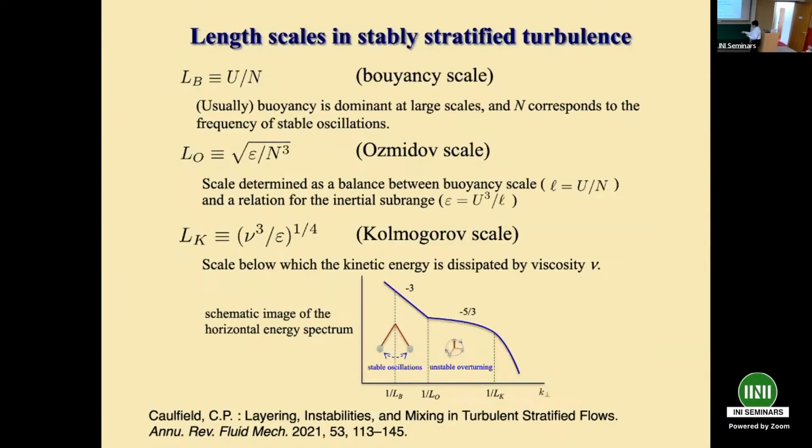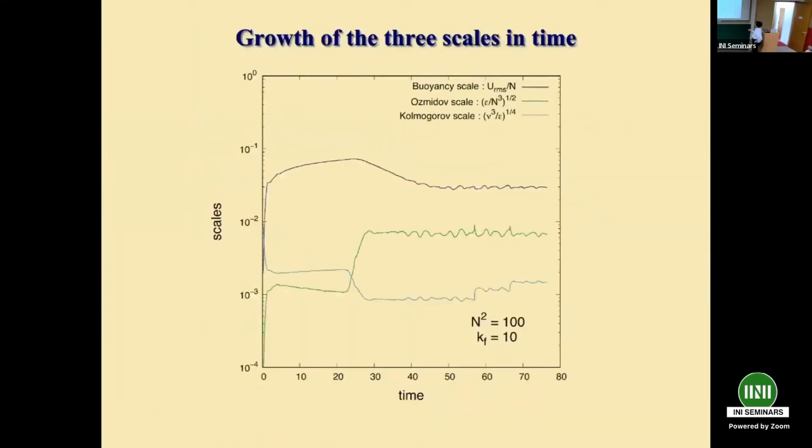Anyway, Kaminski Cofield presented nice review papers a few years ago, and these things are well documented, I think. Anyway, this is the growth of the three scales in time for our simulation.